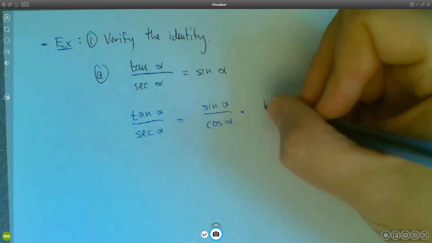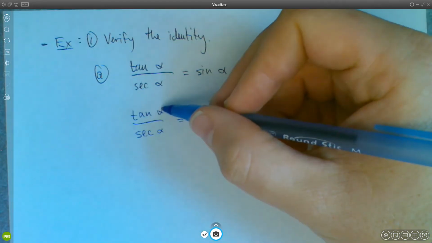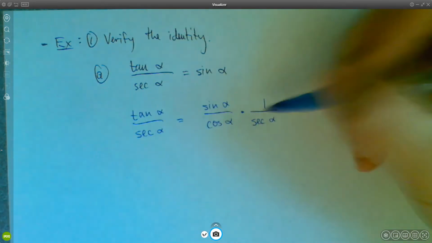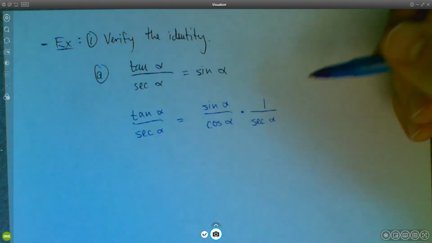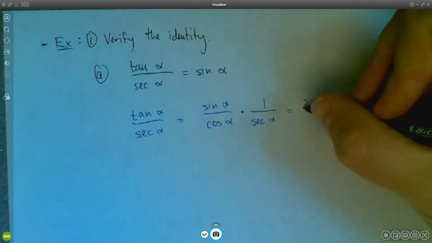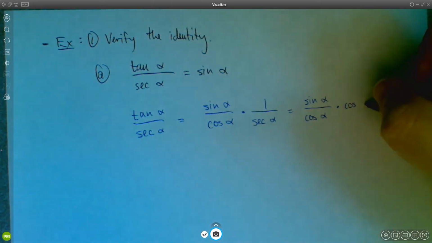So maybe I'll write it like this just to make it less confusing, right? Tangent alpha over secant alpha is the same as tangent alpha times 1 over secant alpha. But 1 over secant is just cosine, right? So this is sine alpha over cosine alpha times cosine alpha.